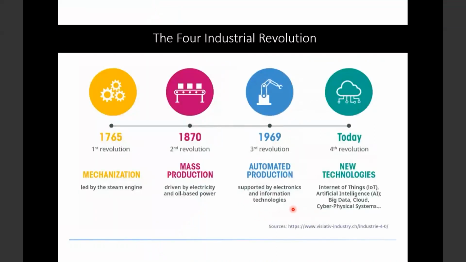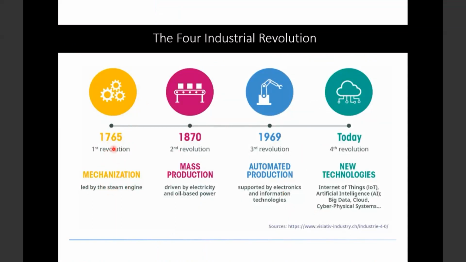Before we go into more details on IoT, let's look at the fourth industrial revolution, famously known as IR 4.0. The first revolution is where mechanization started, led by the steam engine.